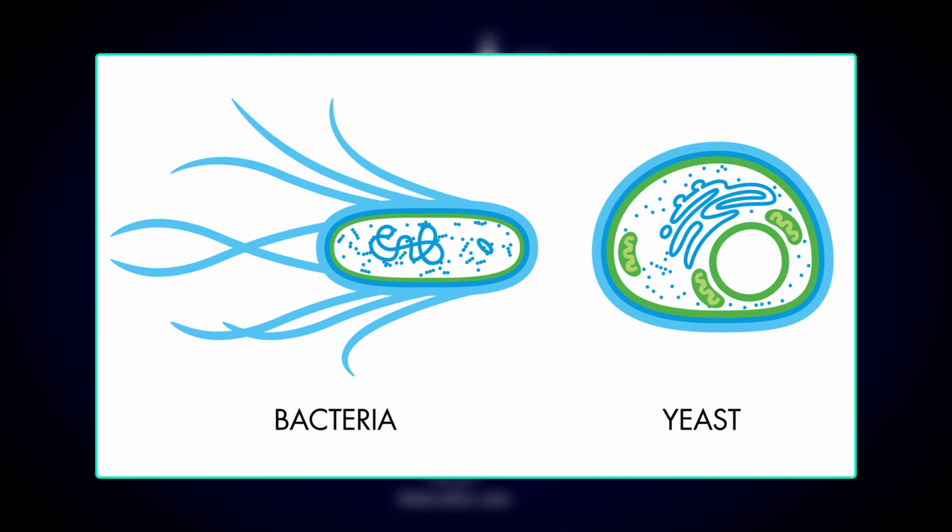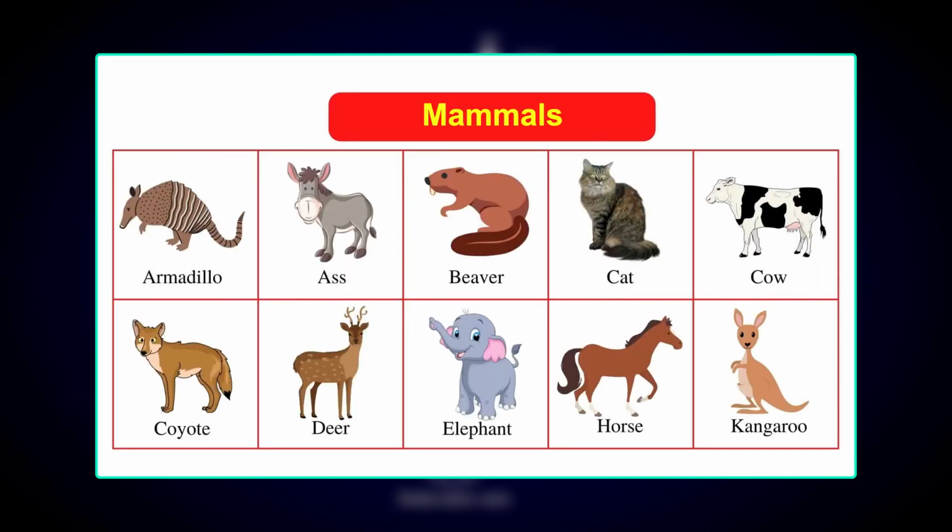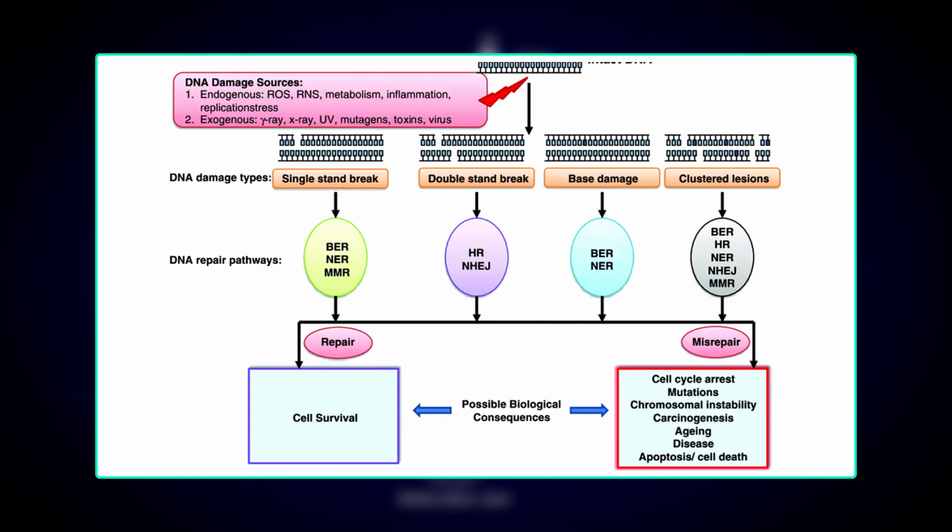For instance, nucleotide excision repair and base excision repair are found in virtually all organisms, and they have been well characterized in bacteria, yeast, and mammals as well. Like DNA replication itself, repair of damage and misincorporation is a very old process.